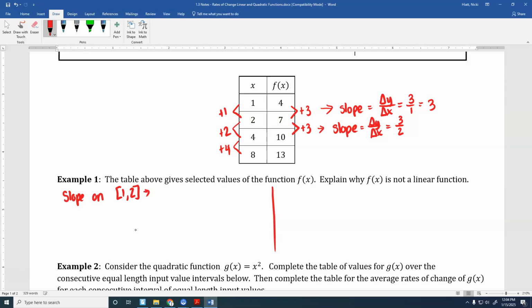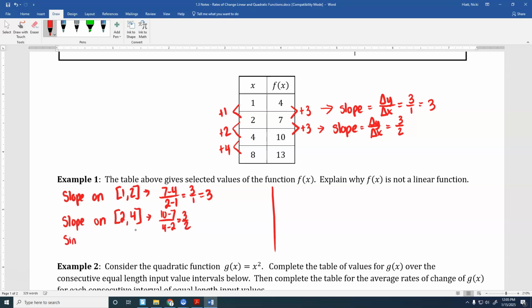And you could just show that you got 7 minus 4 over 2 minus 1. And that gives you 3 over 1, which is 3. And you could find the slope on 2, 4. And you could do 10 minus 7 over 4 minus 2, which is 3 over 2.